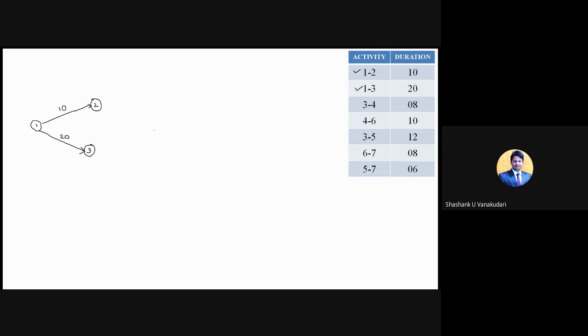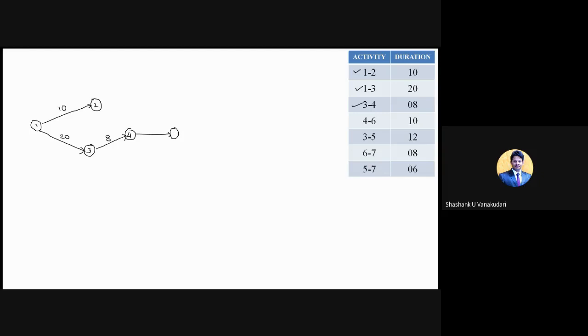And next, 3 to 4. So here I can make 3 to 4 in this way. The duration they have given is 8. Okay, and the next activity, 4 to 6, I can write in this way, that is 4 to 6.